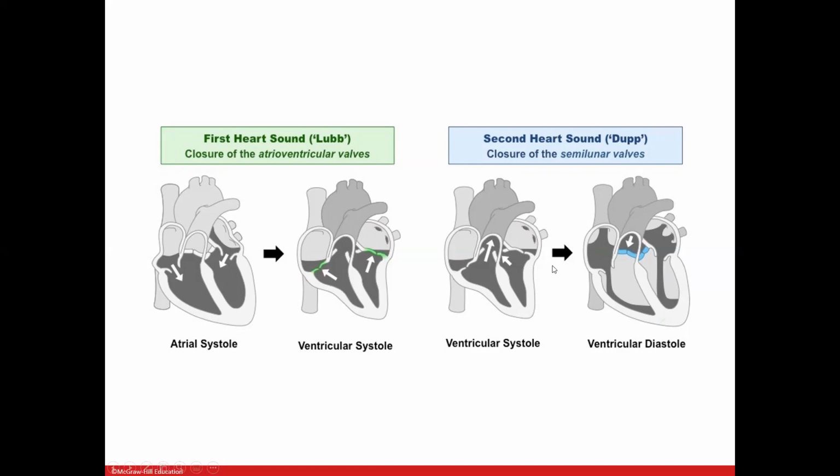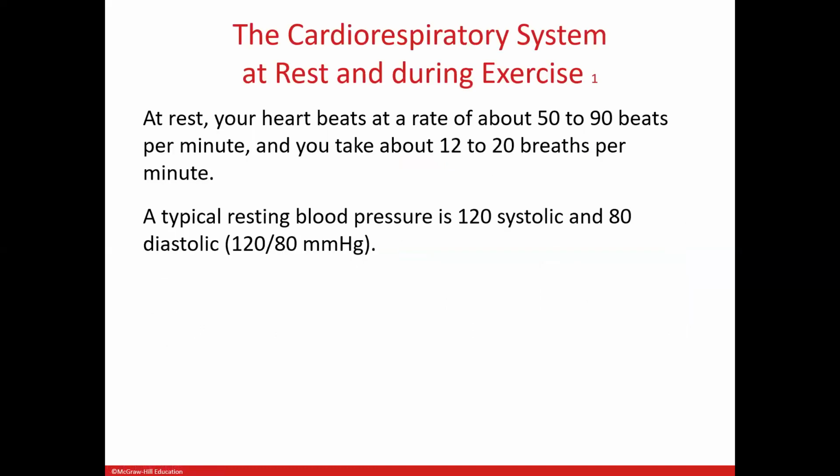And then once they close, all of the blood has a ventricle diastole. So all of these are closed, the pulmonary and the aorta, and that's when you hear the dub. So it's lub, dub, and it happens pretty quick if you ever listen to the heart.